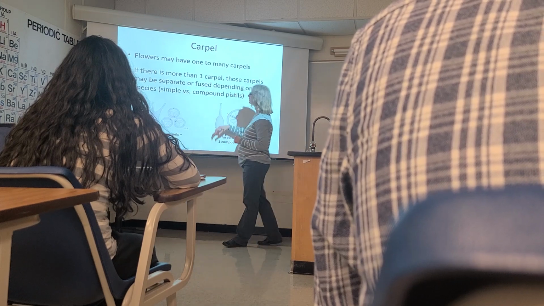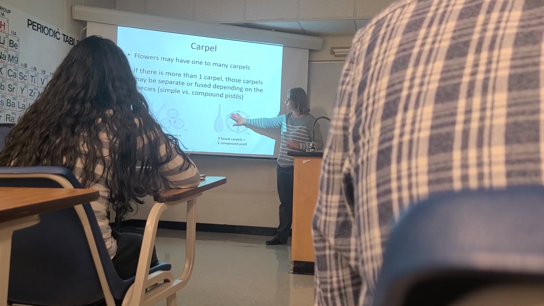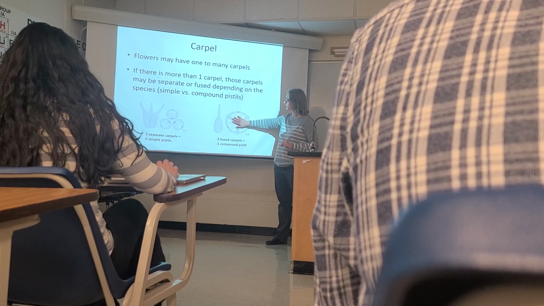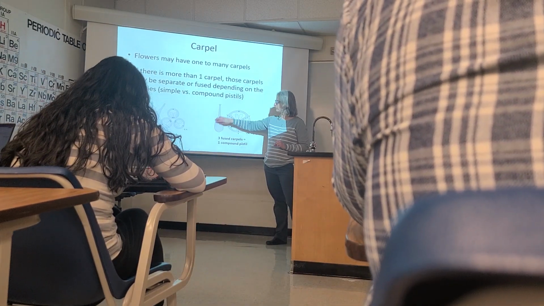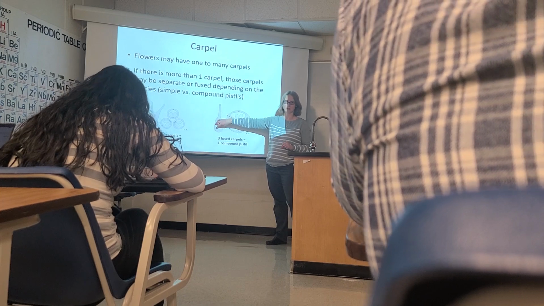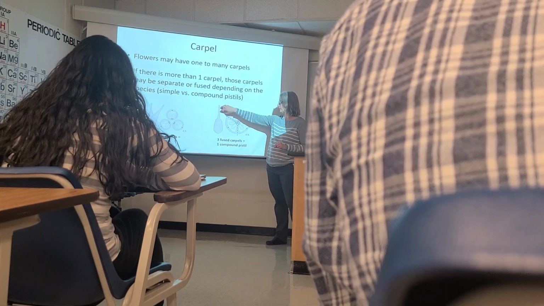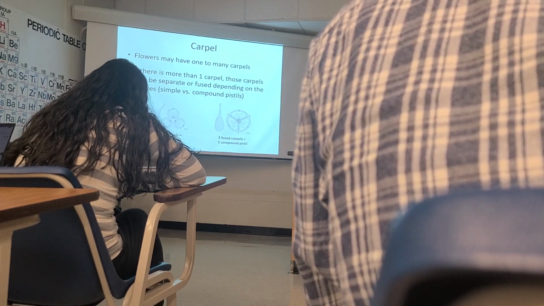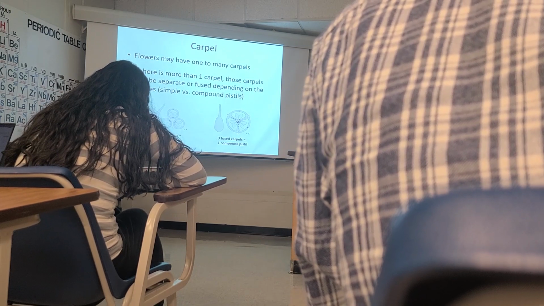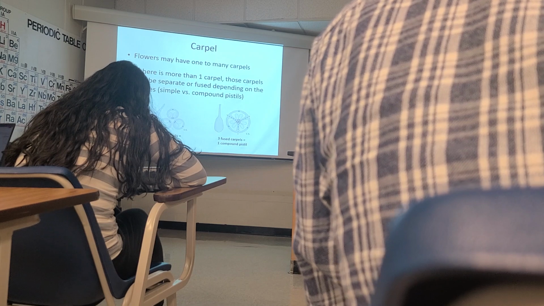Or you can have multiple carpels that are fused together, like we have right here, into what we refer to as compound pistils. So there's only 1 pistil here, because it's 1 entity, 1 structure. But if you cut into that, it's made up of 3 carpels, so it's a compound pistil. All that again should be reviewed from lab.